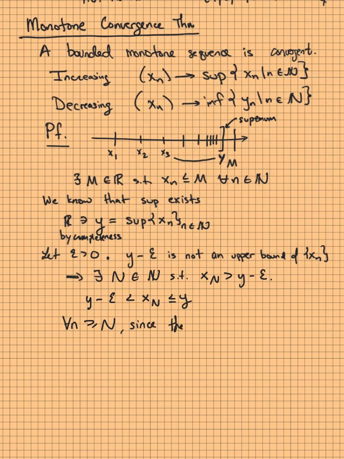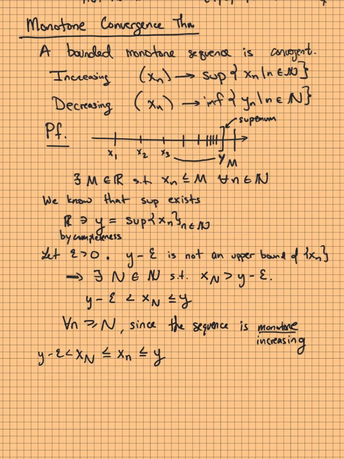Since the sequence is monotone, in this case increasing, though it would be the same proof for decreasing sequences, for any n bigger than or equal to N, we have y minus epsilon less than xN, which is less than or equal to xn, which is less than or equal to y.